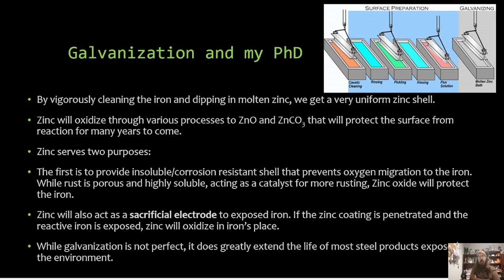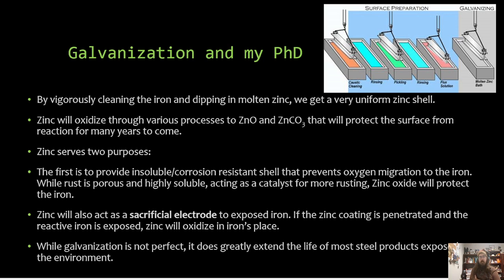Now, over time, this zinc can convert to zinc oxide and even zinc carbonate as carbon dioxide binds to the surface. But this reaction serves several purposes and protects it for years to come. The first is that this shell is a lot more dense, and it does not easily allow oxygen to trickle through and migrate to the iron surface.